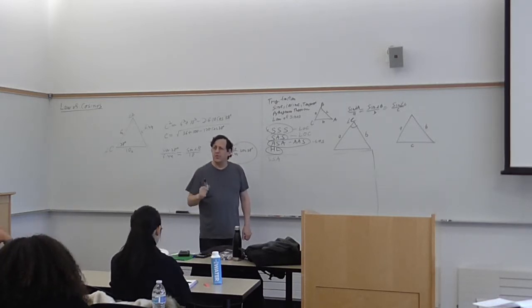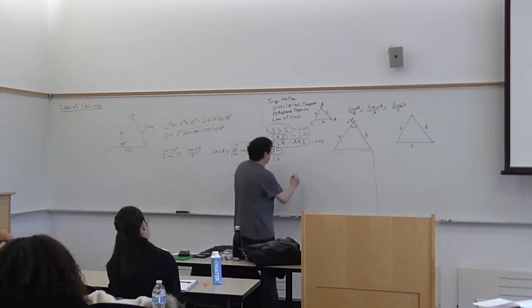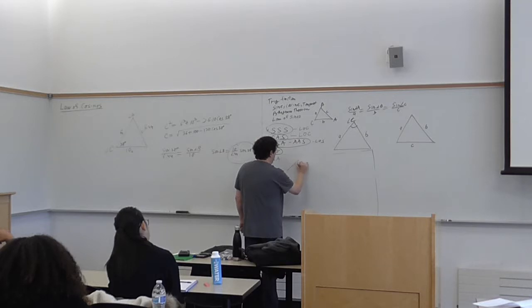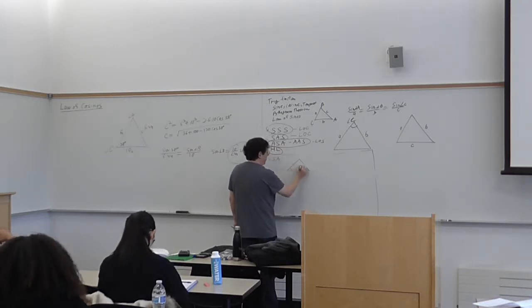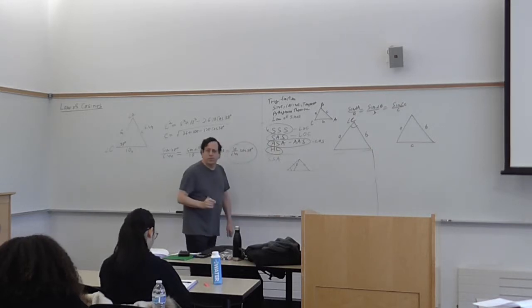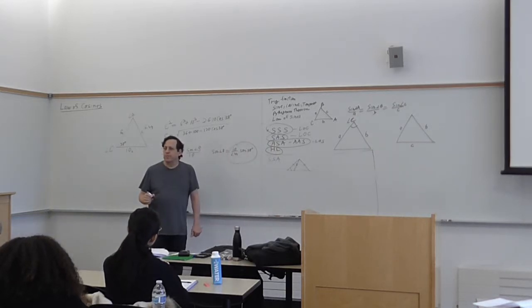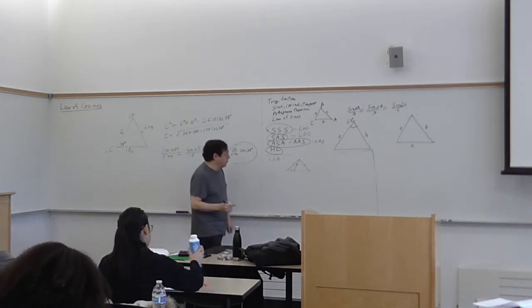Because there's actually something I missed on Monday. One possibility is you have a side and an angle, and another side, but you can get two different triangles. That's one possibility.